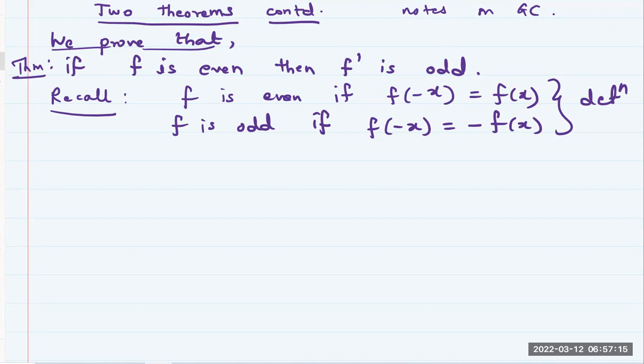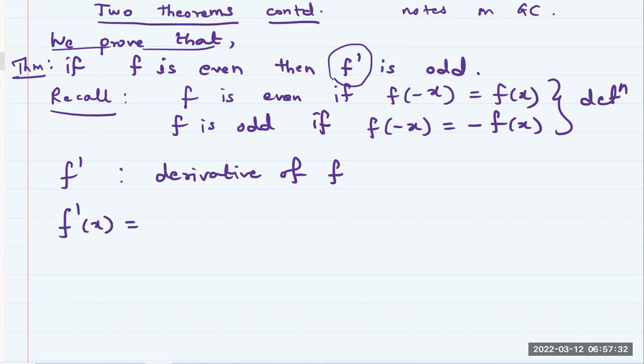Another thing you need to know is f dash. What is f dash? f dash is the derivative of f. We define f dash x as the limit, as h tends to 0, of f of x plus h minus f of x, the whole thing divided by h.